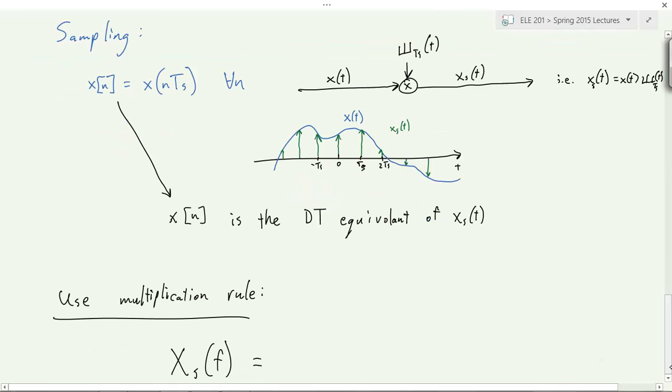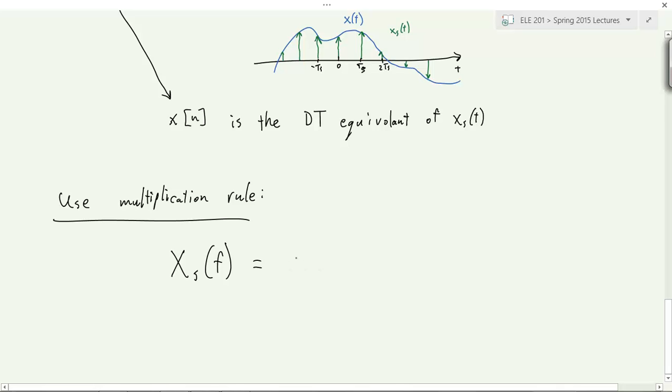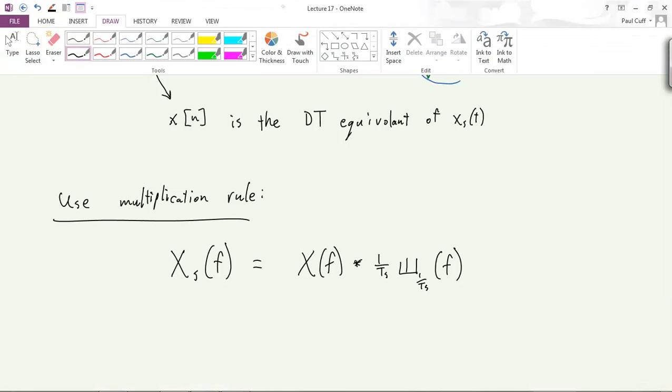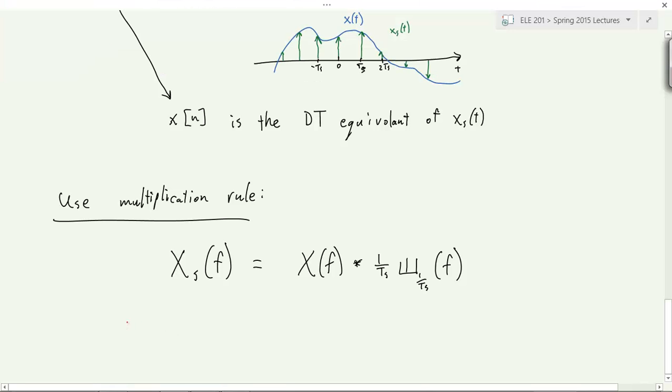So, in fact, this sampled signal in the frequency domain is just x of f convolved with another impulse train, which is the Fourier transform of the first one. We have a 1 over ts there, and this spacing is 1 over ts, which we might call the sample frequency. So this is what happened to our Fourier transform when we sampled it. We did this convolution.